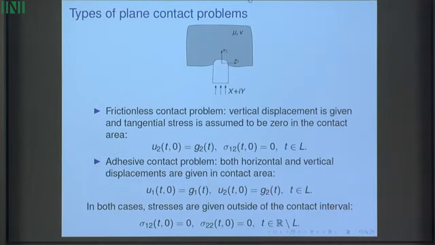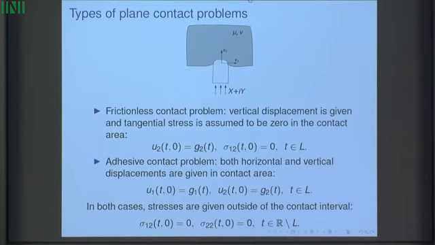Okay, so when we talk about plane contact problems, typically there are two types of problems people look at. So it's frictionless contact or adhesive contact. There is also contact with traction, which I'm not going to talk about today. These are classical conditions without any Steigmann and Ogden elasticity, just easier to explain that way.